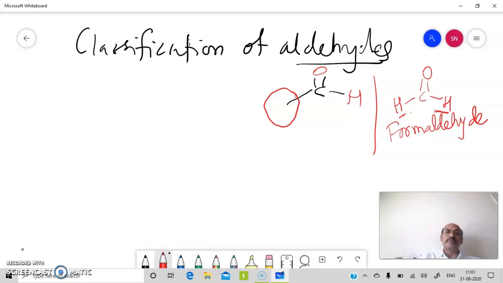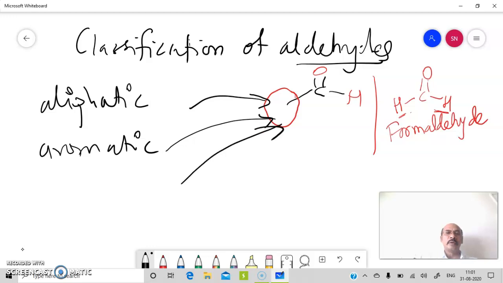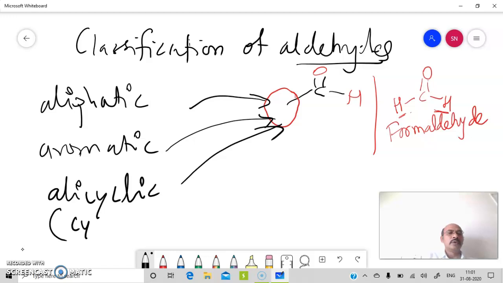So on the basis of this part, carbonyl compounds are classified as aliphatic. Here in case of aldehyde there will be aliphatic aldehyde, aromatic aldehyde, and alicyclic, or they are also called cycloalkyl aldehydes.